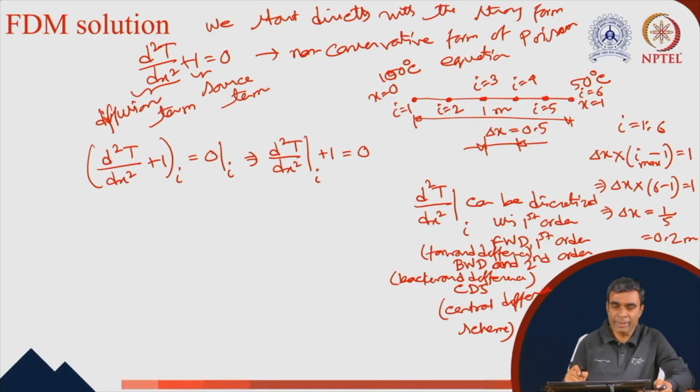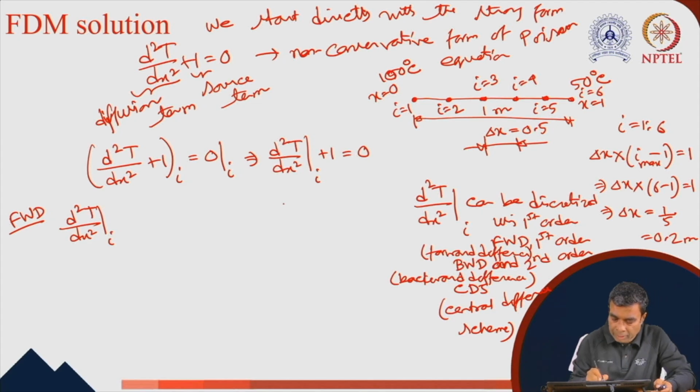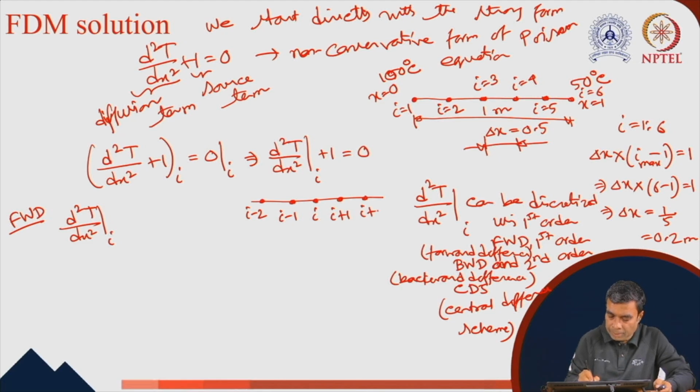So let us write these expressions first. d2T/dx2 at the ith node using the forward difference scheme. If we have the grid stencil, this structure of grid is known as the grid stencil. This is the ith node. This is the i plus 1th node. This is the i minus 1th node. This is the i minus 2th node. And this is the i plus 2th node.